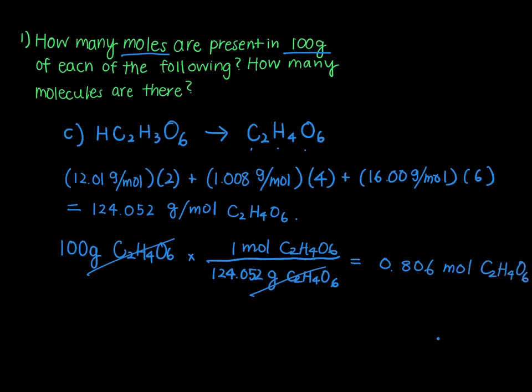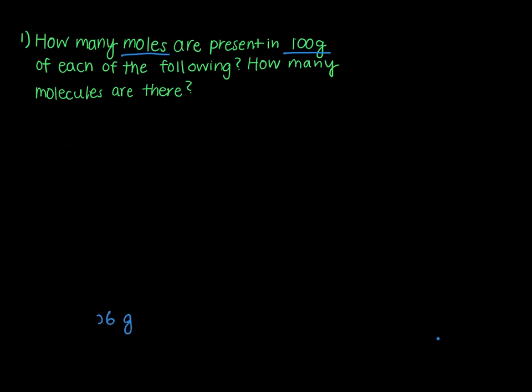And then, to find the molecules, we multiply this number that we just got by Avogadro's number. So 0.806 grams. Oh, sorry, not grams.